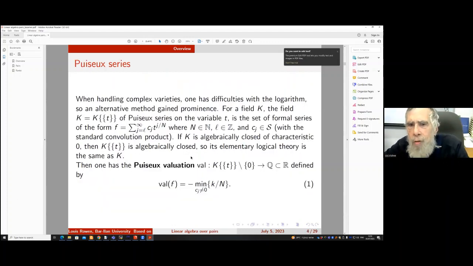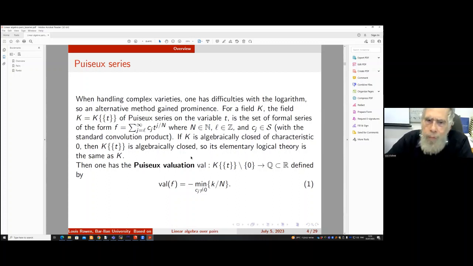So the alternative was to use the Puiseux series, which is almost like a power series ring.